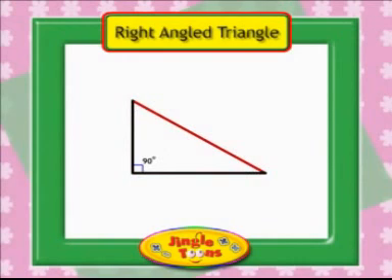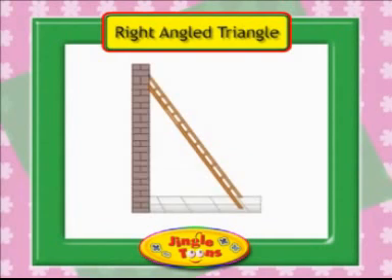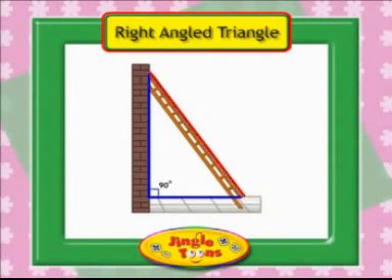The side opposite to the right angle is the largest side of the right-angled triangle in length and is called as hypotenuse. For example, if a ladder is tilted against a wall, it forms a right-angled triangle, where the ladder is the hypotenuse.